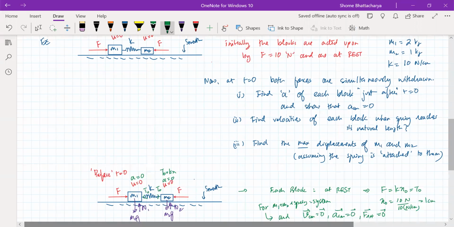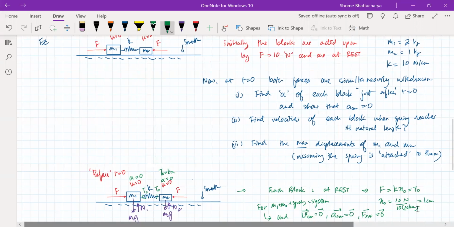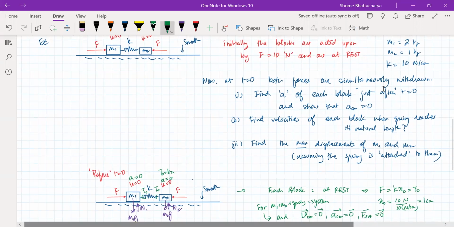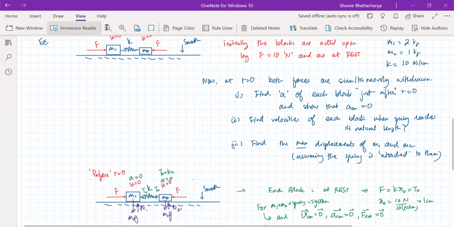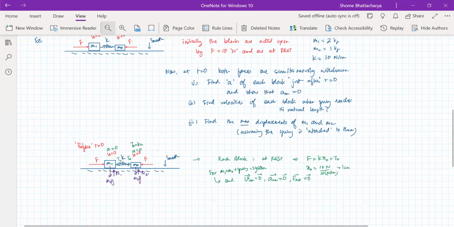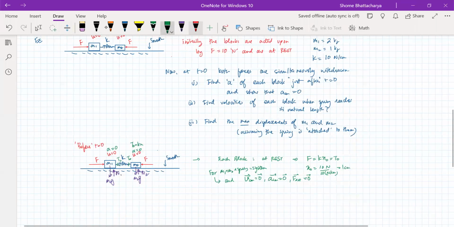Okay. Now, after we withdraw the external force also, the net external force on the system remains zero, though the individual blocks are now having acceleration. So if we compare this situation now to the situation just after t equal to 0.